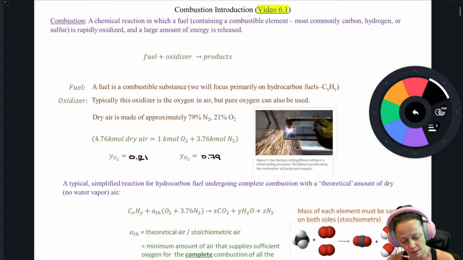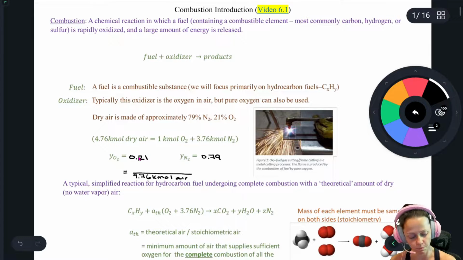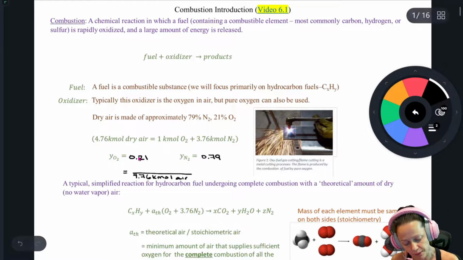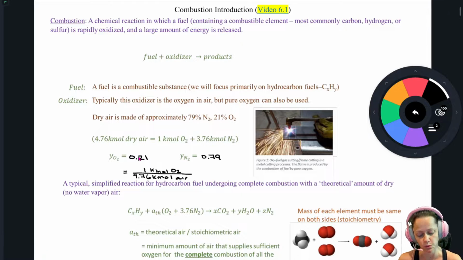The way that we get that is per 4.76 kilomoles of dry air, right? So for all components together, there is 1 kilomole of oxygen, and that would give you 0.21. So that's where the mole fraction comes from.